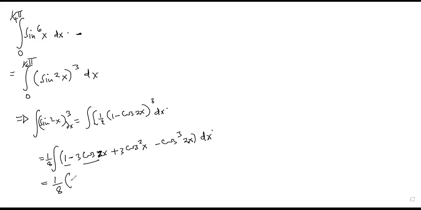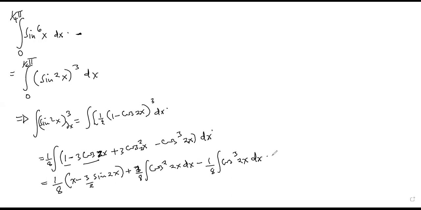So integral of 1 is x, minus 3 over 2 sine 2x, plus this 1 over 8 also multiplies here, so it is going to be 1 over 8, but even I can move out a 3, so it becomes 3 over 8 integral of cos squared 2x dx, minus 1 over 8 times that, it will be minus 1 over 8 integral cos cubed 2x dx. Wow.